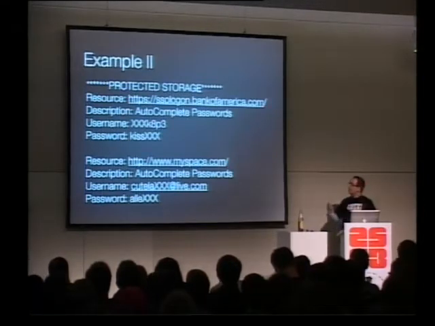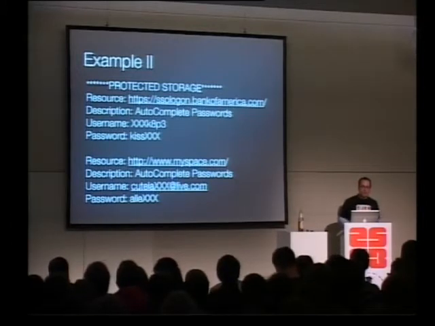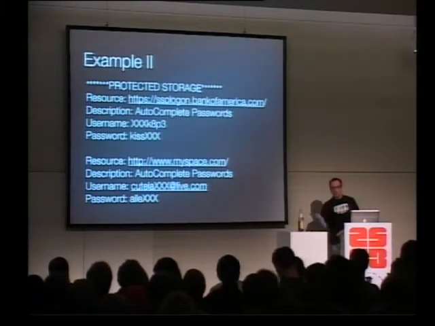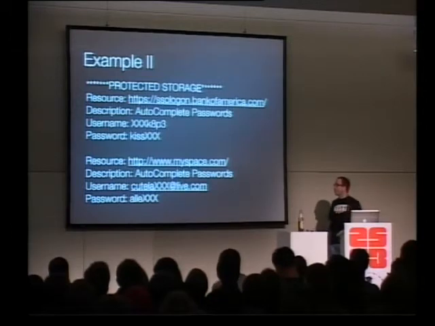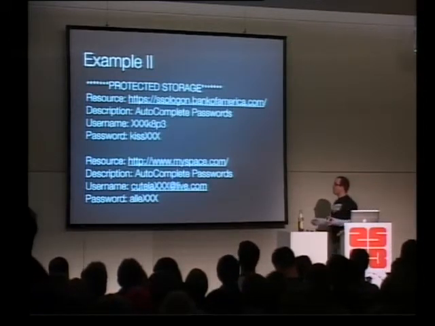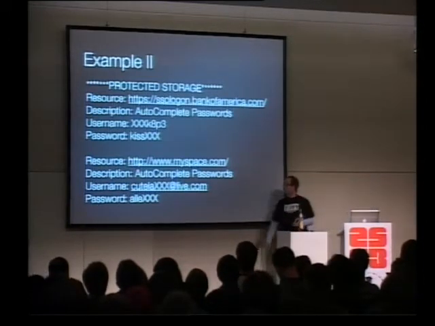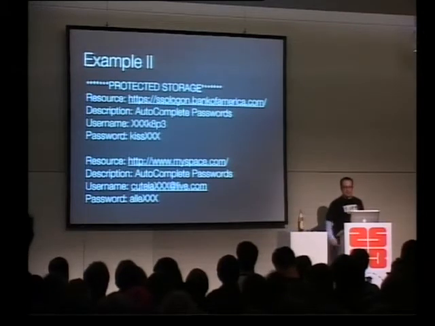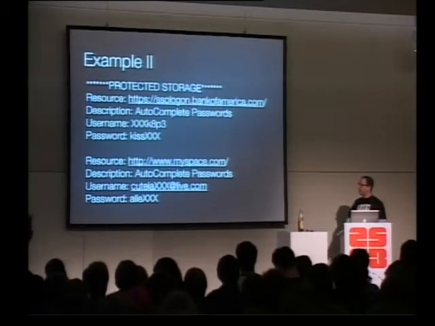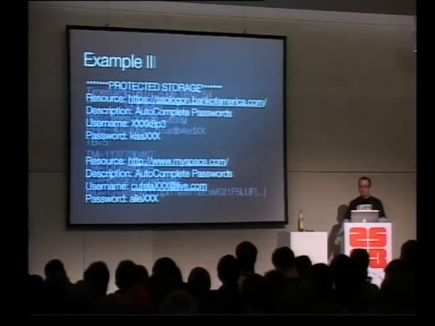For example, if you store the authentication credentials for your banking account within IE, those can be read out. If you store your passwords within Outlook, those can be read out, and all these kinds of things. Autocomplete password is the other example, where the attacker also gets the information about another live.com account.